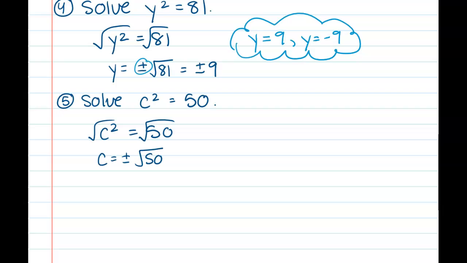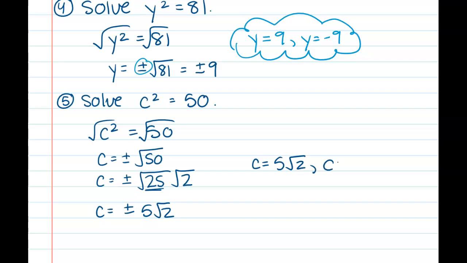But I do know I can simplify this square root, which we've done before, right? I can simplify it to plus or minus square root of 25 times square root of 2, since 25 times 2 is 50. So this is c equals plus or minus square root of 25 is 5 square root of 2. So c equals 5 root 2, and c equals -5 root 2.